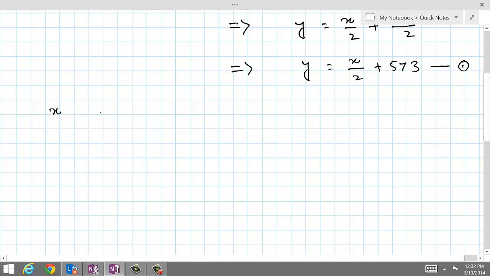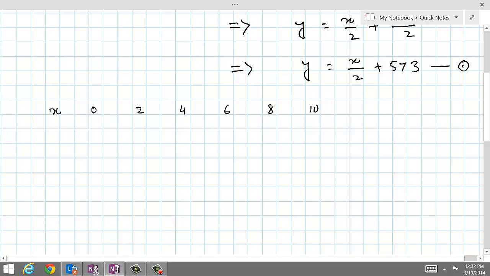Therefore, we assume for x 0, and then 2, and then 4, 6, 8, 10, and so on.